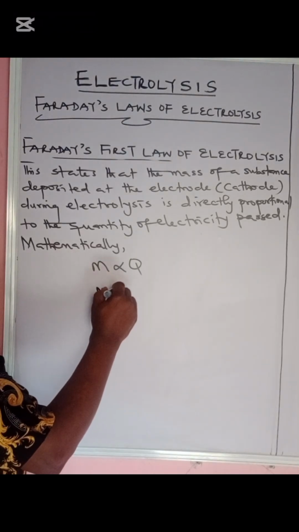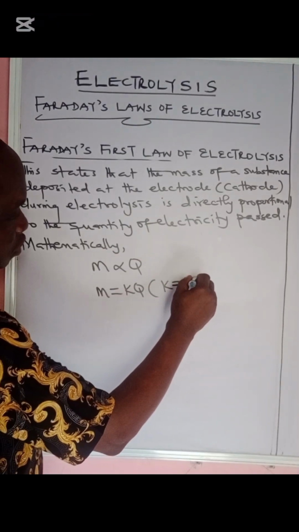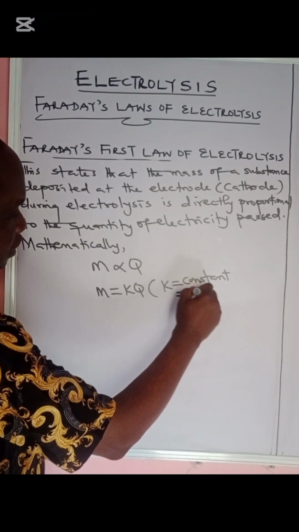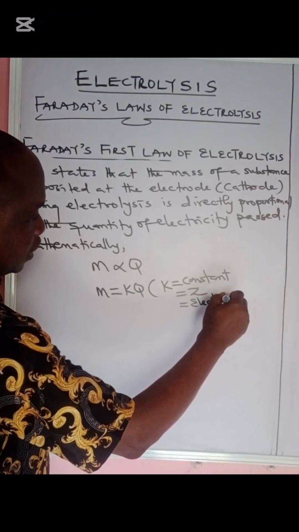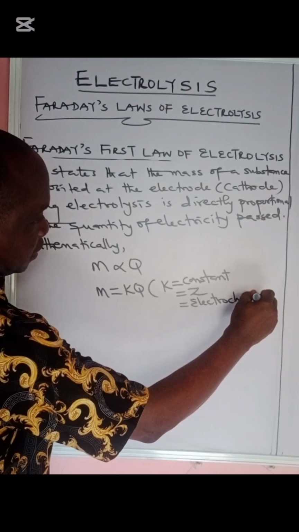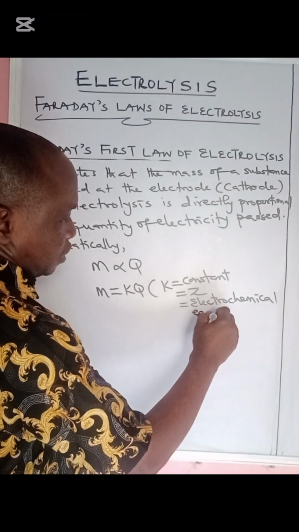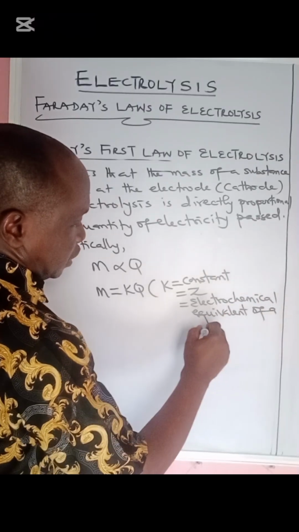So we say m is equal to kQ, where k is a constant, denoted by Z, which is known as the electrochemical equivalent of a metal.